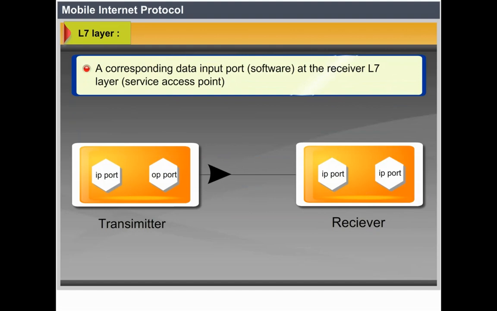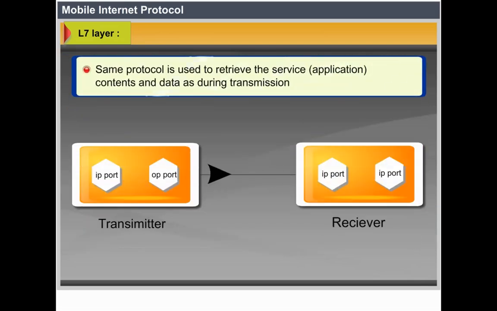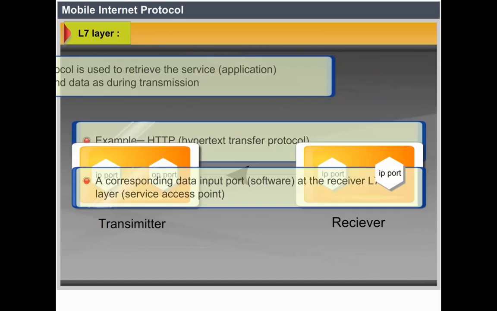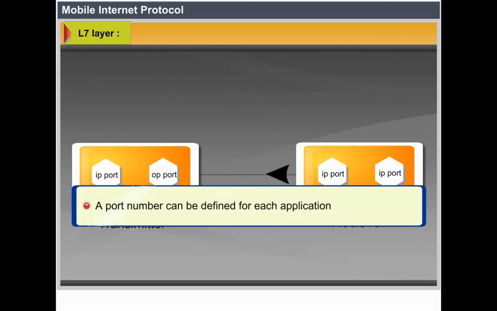A corresponding data input port software at the receiver L7 layer, the service access point, uses the same protocol to retrieve the service application contents and data as during transmission. Example: HTTP, Hypertext Transfer Protocol.